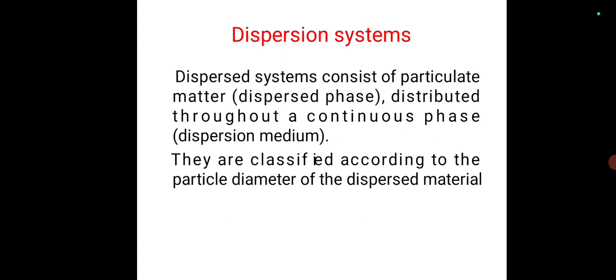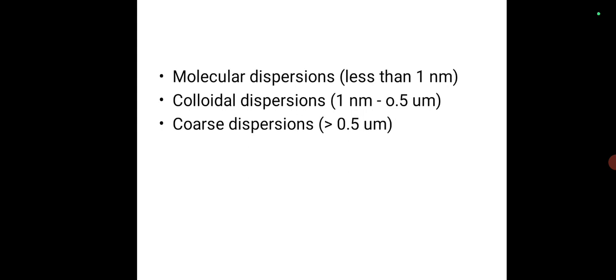The dispersion system consists of particulate matter, the dispersed phase, distributed throughout a continuous phase, the dispersion medium. They are classified according to the particle diameter of the dispersed material. Based upon the particle diameter, we classify them into three types of dispersion system.